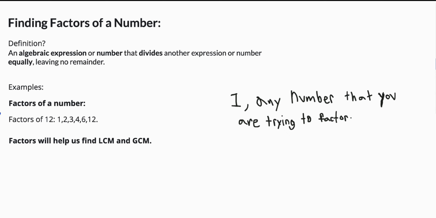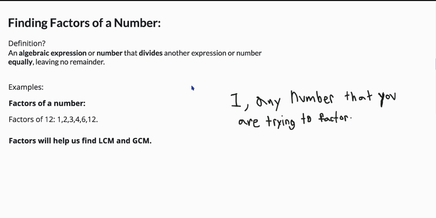Say for example, trying to find the factors of 37, 1 and 37 will 100% be factors. Finding the factors of 6, 1 and 6 will 100% be factors.